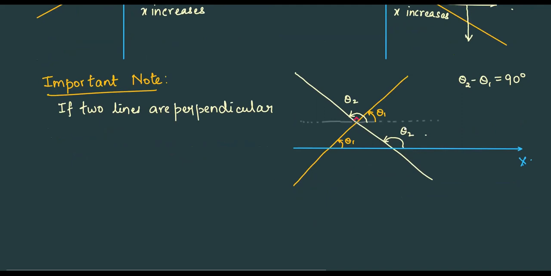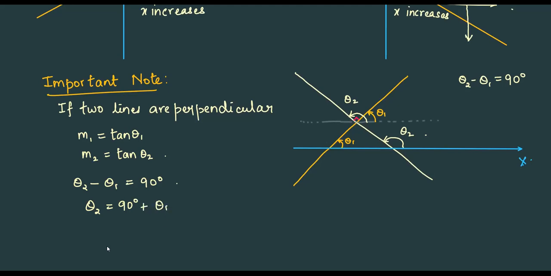Let's say this is slope m1. So m1 is tan theta 1. m2 is tan theta 2. Okay. So now we see theta 2 minus theta 1 is 90 degrees. So we can write theta 2 as 90 plus theta 1.